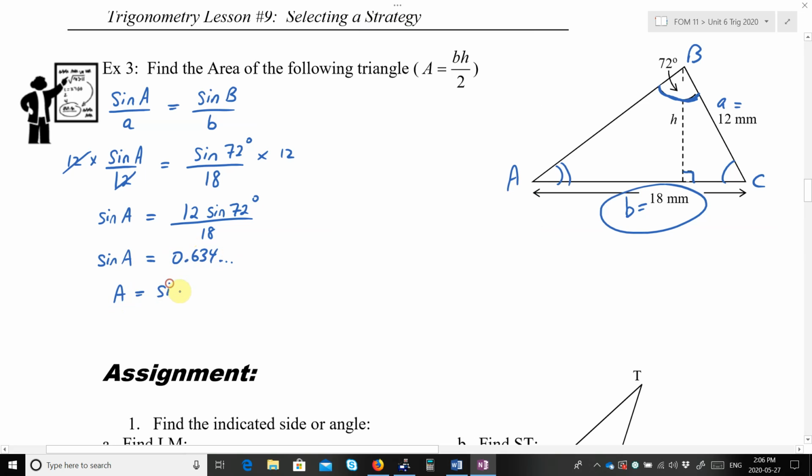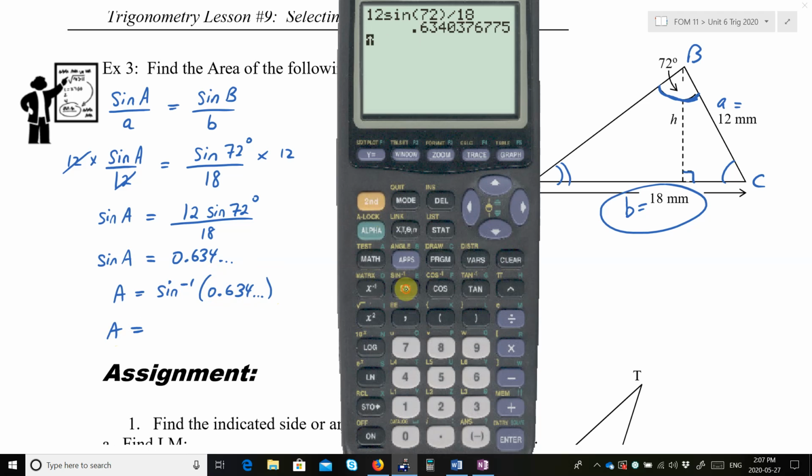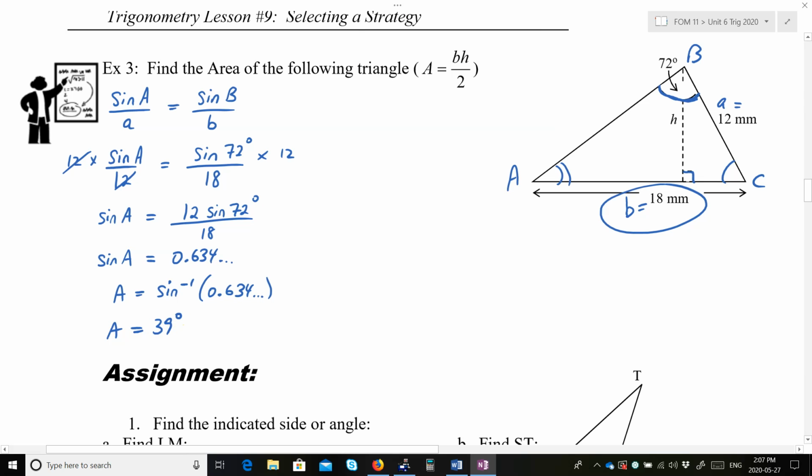So A is equal to sine inverse of 0.634. Okay, so angle A is shift sine of that answer, and we get about 39 degrees. Awesome, so this is 39 degrees.